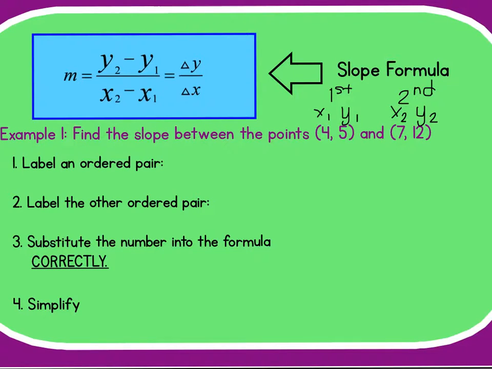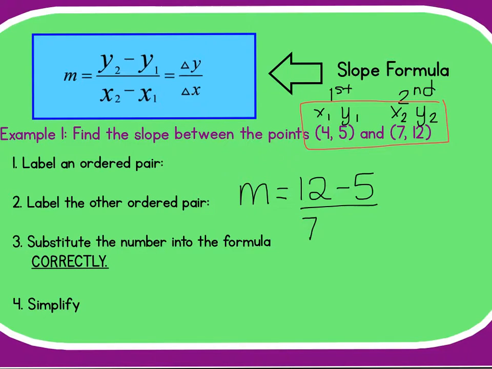Once you've identified and labeled your coordinates, you just plug into the formula. So in order to find slope, slope is the letter m, it equals y2. If I look at my numbers here, y2 is 12, minus my y1 is 5, over my x2 is 7, and my x1 is 4.